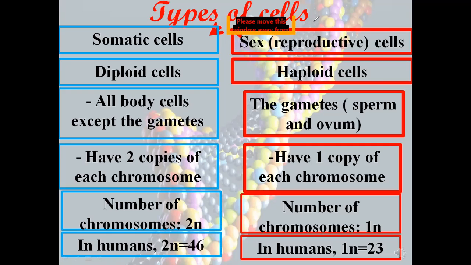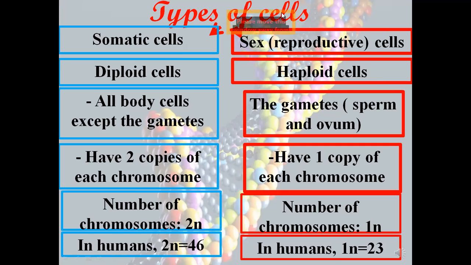They have one copy of each chromosome, and in humans, 1n is equal to 23. So these are the haploid cells and the diploid cells, which are the sex cells and the somatic cells.